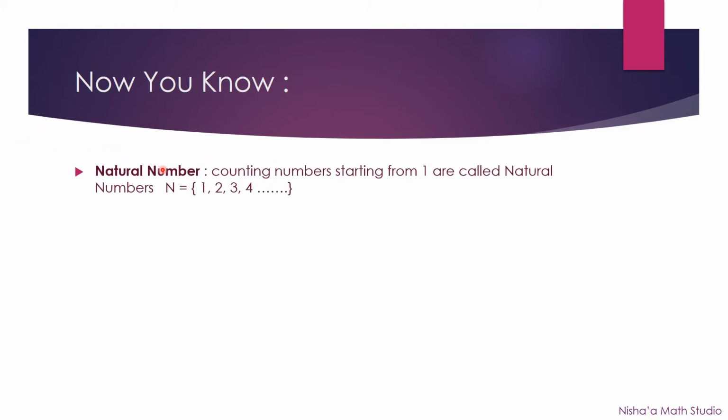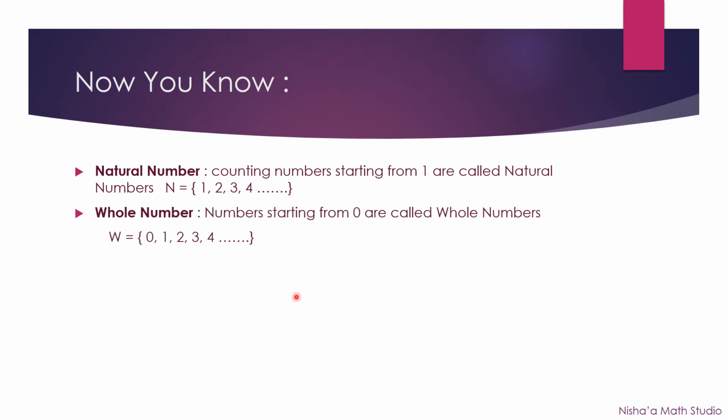Now, you know that natural numbers are the counting numbers starting from 1, represented by N, which is 1, 2, 3, 4, and so on. They are endless. Similarly, the numbers starting from 0 are called whole numbers. That's 0, 1, 2, 3, 4, and so on.